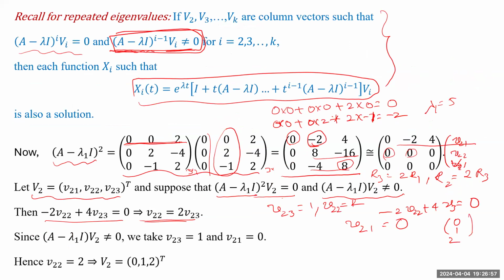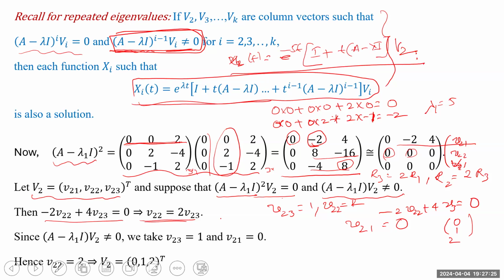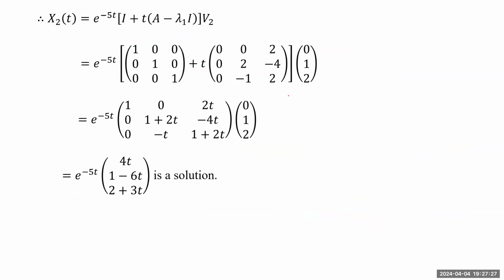So then your solution, the x2 solution, is in this way. So here x2 of t is equal to e to the power of minus 5t times (I plus t times (A minus lambda I)) times b, where I is the 3 by 3 identity matrix.